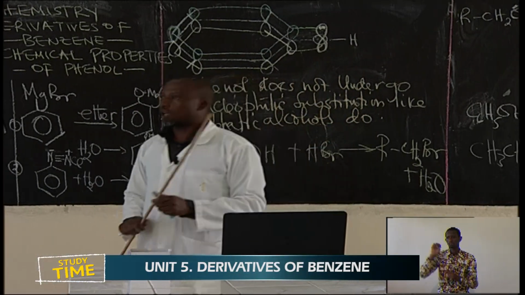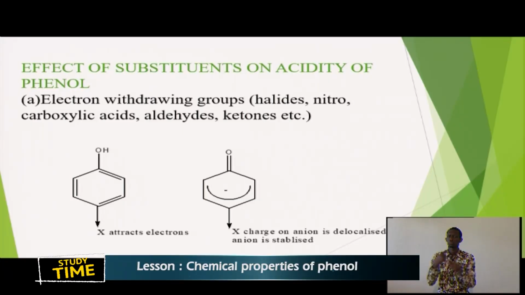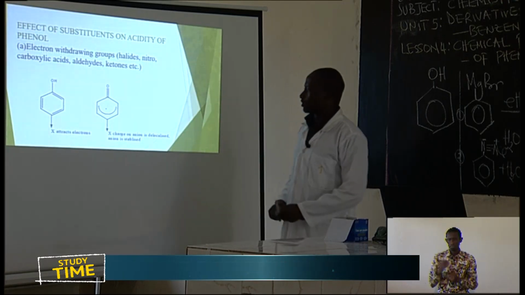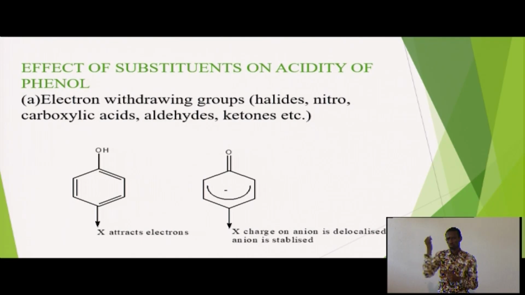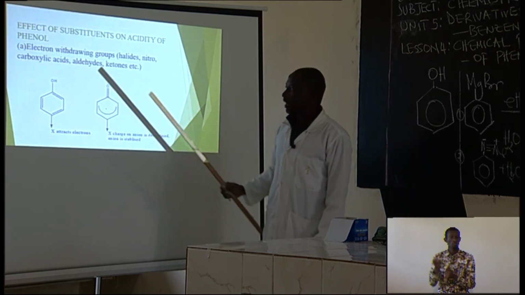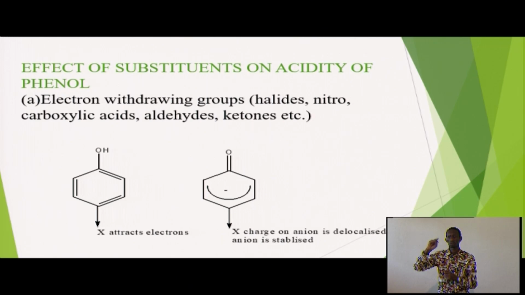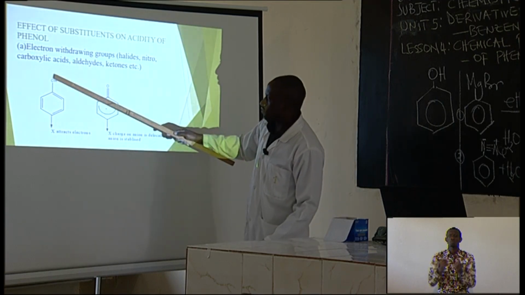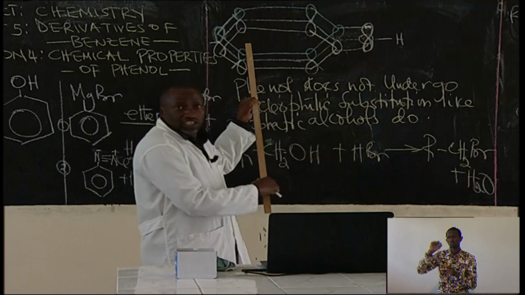Now, the effect of substituents. How do these substituents affect the acidity? Here, these are electron withdrawing groups. These are examples. What happens? The electrons are moving away from this oxygen, inside the ring.